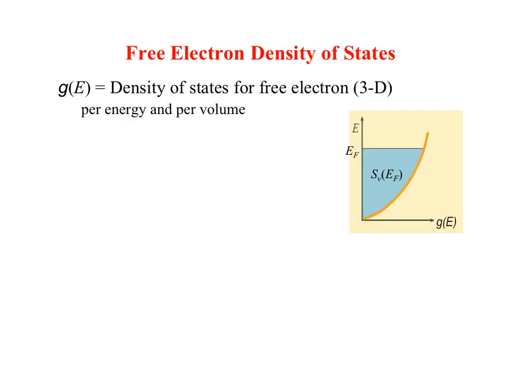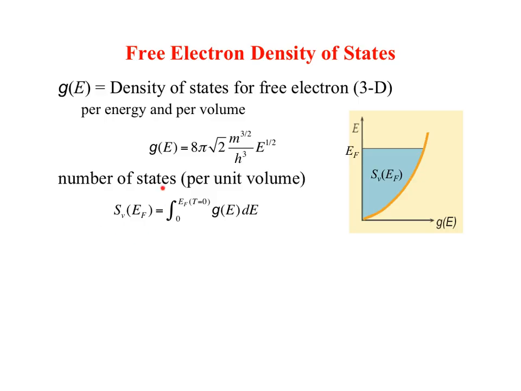To recap, the free electron density of states is described by a function, g of E, where g typically is 0 at the bottom of a band and rises continuously. In 3 dimensions, this density of states function is described by the square root of energy, which on a plot like this looks like a parabola.